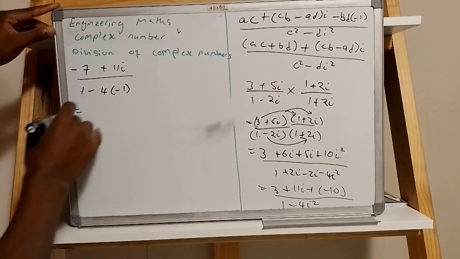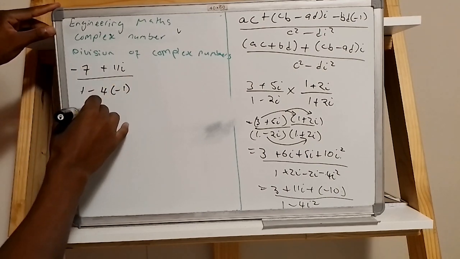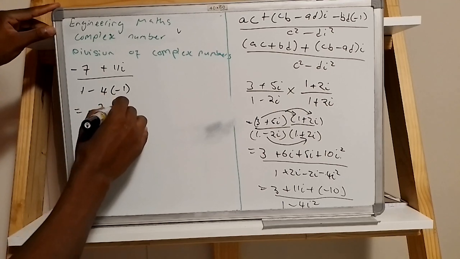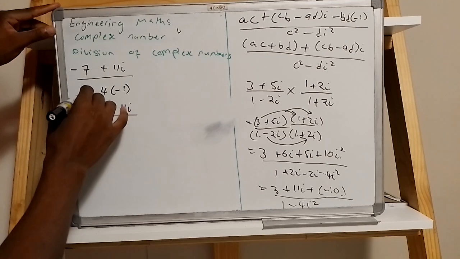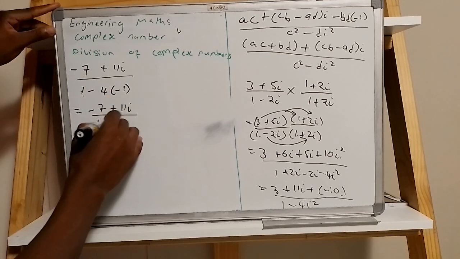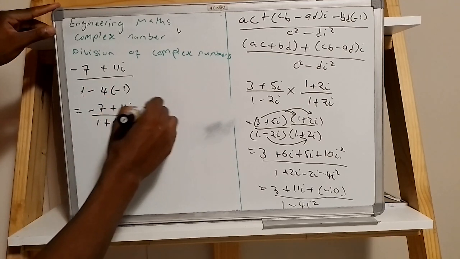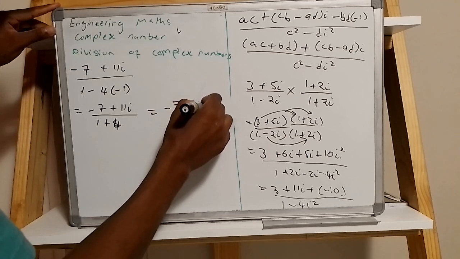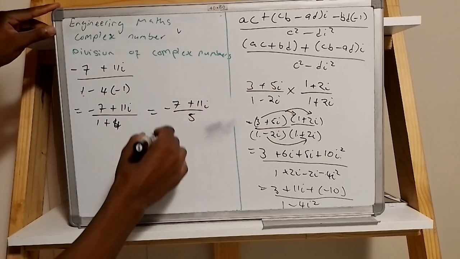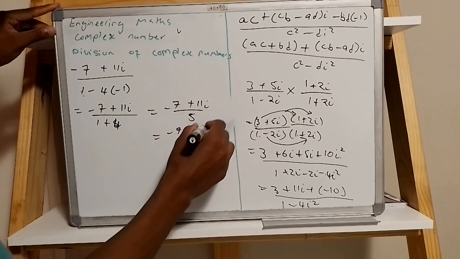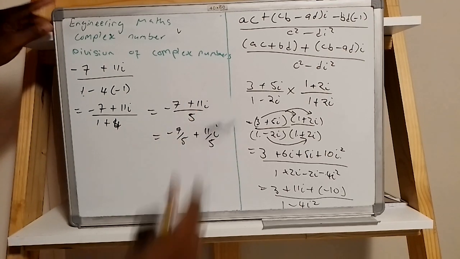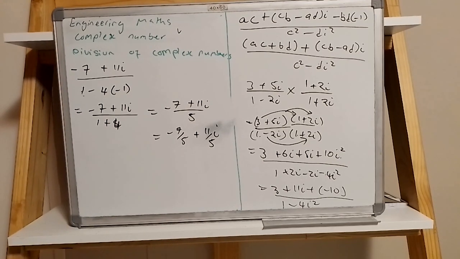And this will give me negative 7 plus 11i over 1 plus 4, which is 5. So minus 7 plus 11i over 5. And what I can do is say this is minus 7 over 5 plus 11 over 5 i. That is my solution. Right?